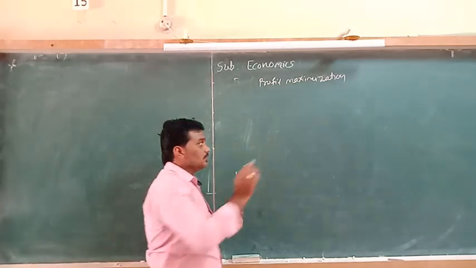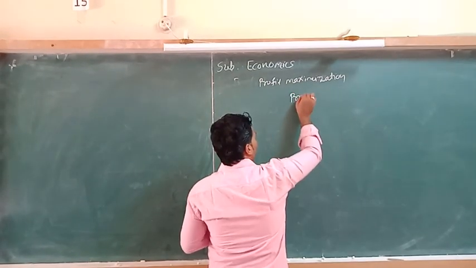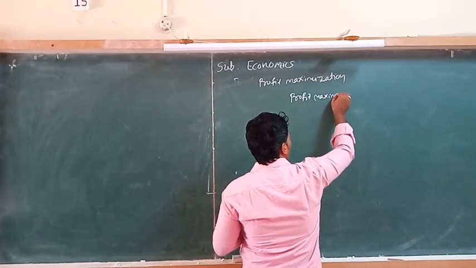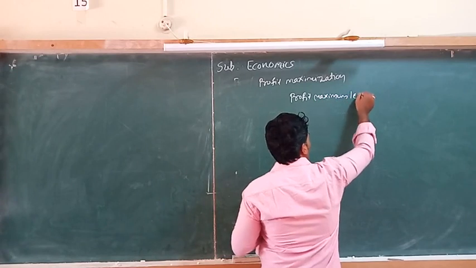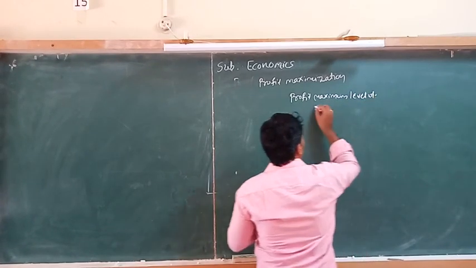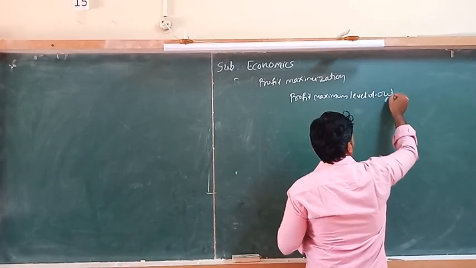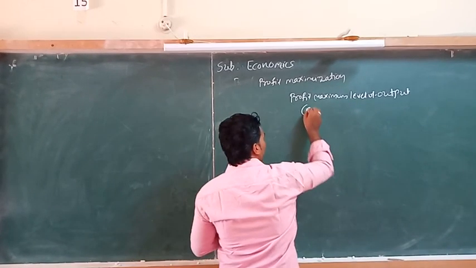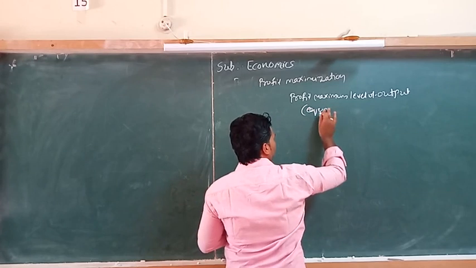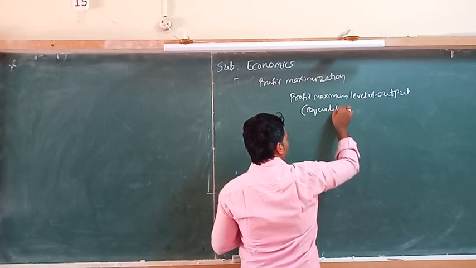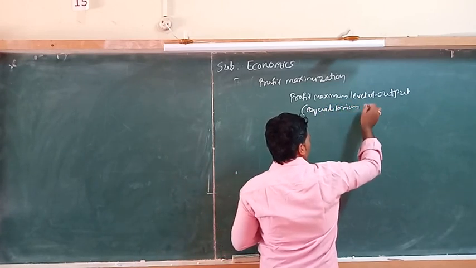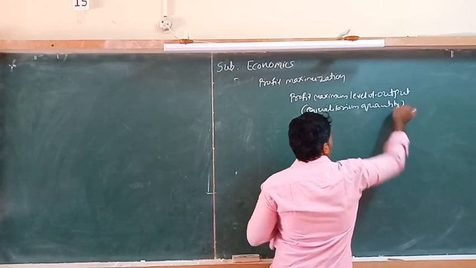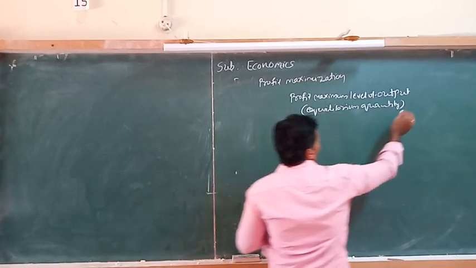Observe that the profit maximum level of output is called the equilibrium quantity, which is called Q naught.